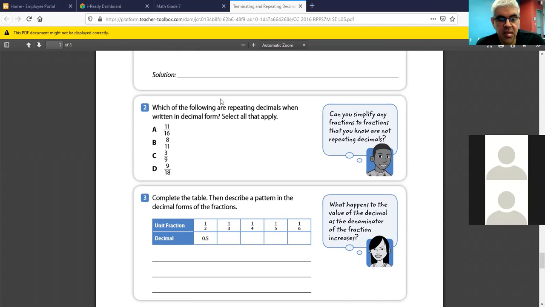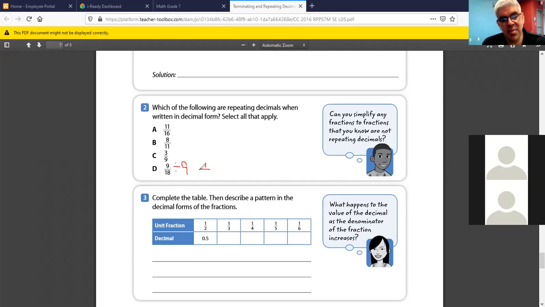Here, what we need to do is simplify these fractions. 11 over 16 is not simplified, but 9 over 18, if I divide both the top and bottom by 9, what is 9 divided by 9? 1.